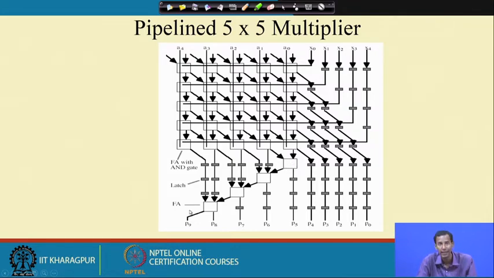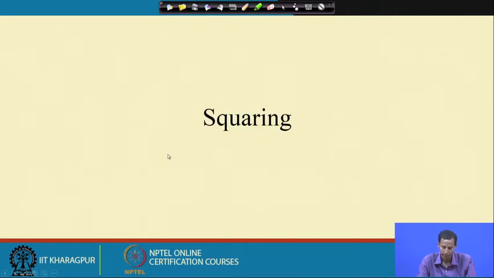So 5 for the final and 1 for this cell. Because the carry propagates in this direction, a total of 5 full adder cell delays will be the delay for this pipelined 5 cross 5 array multiplier architecture. So this is the pipeline structure of the 5 cross 5 array multiplier.